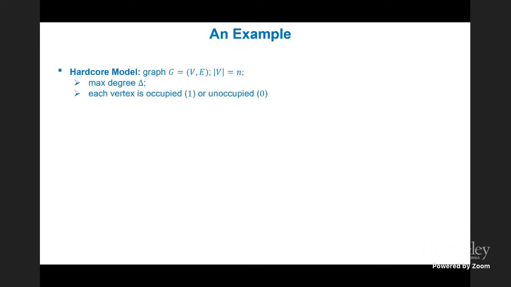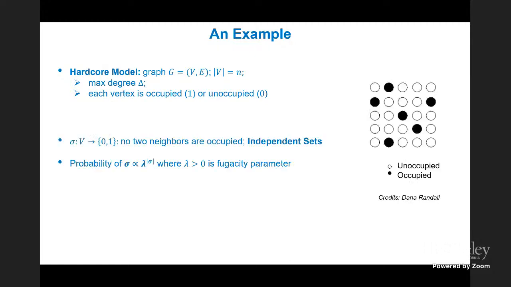So let's take this famous hardcore model that we all study in statistical physics, which is essentially just a model for sampling independent sets. You have a graph of some max degree delta, and each vertex can either be occupied, in configurations where no 2 neighbors are occupied. That is essentially the independent set in this graph.